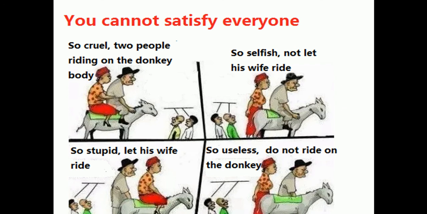The next one, he lets his wife ride, but he walks. Then some people said, so stupid, only letting his wife ride. Why is this man so stupid? Then the last picture, they think maybe it's not good, so the 2 do not ride on the donkey. Then some people said, wow, so useless, so stupid, do not ride on the donkey.